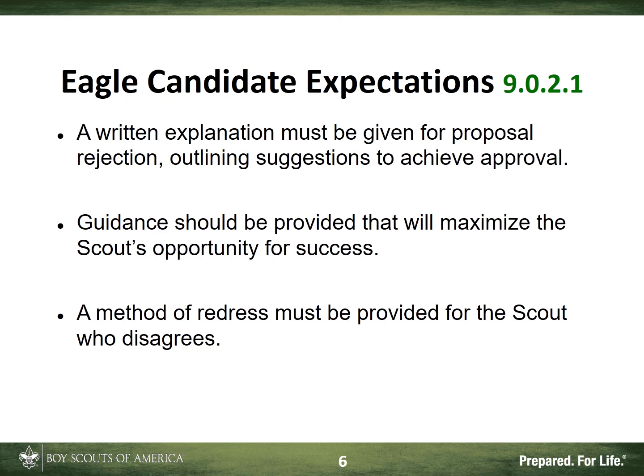And if they do not come to agreement and there's still an issue, the scout can appeal to the council for yet another opinion as to whether or not the proposal should be accepted as is.